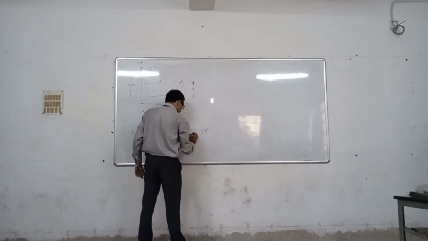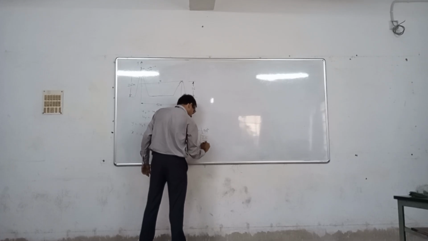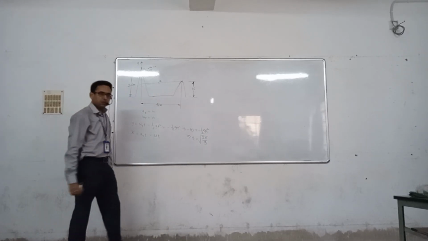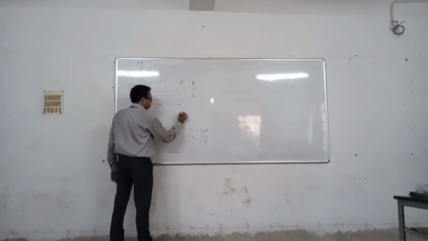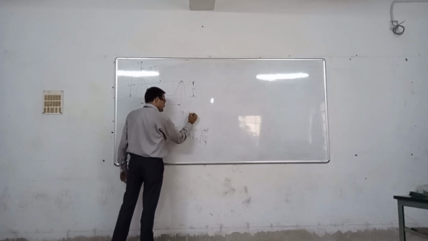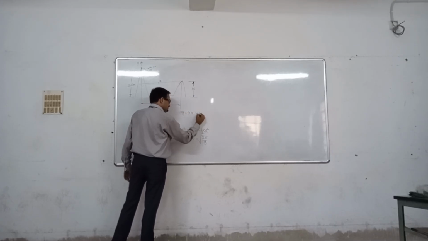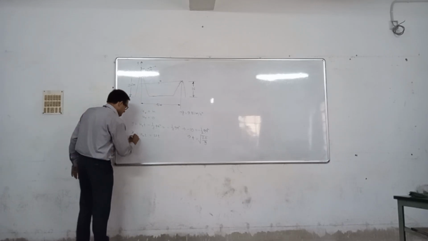Since t is unknown, I will solve for t. t is equal to root over 20 by g, where g is 9.81 meter per second square.